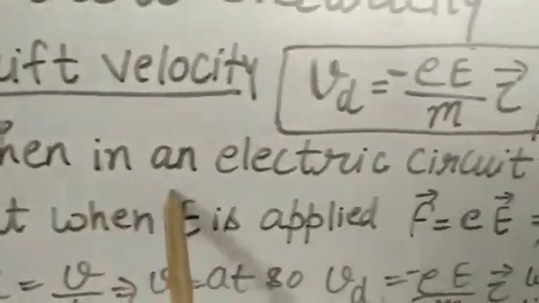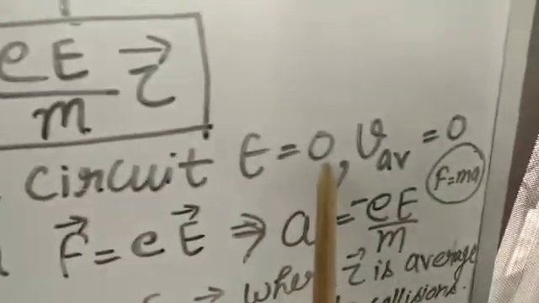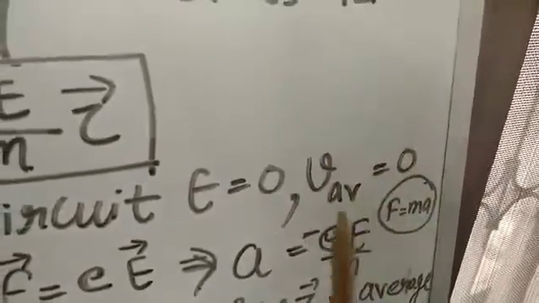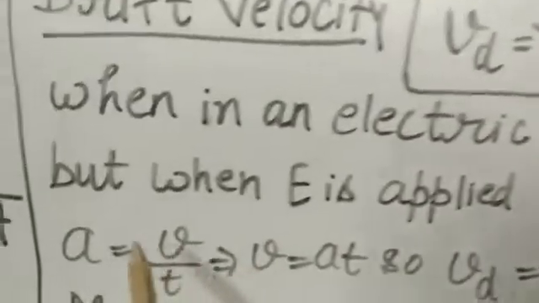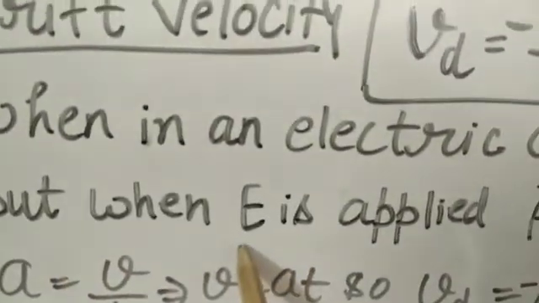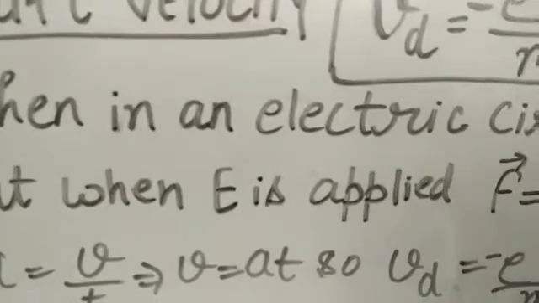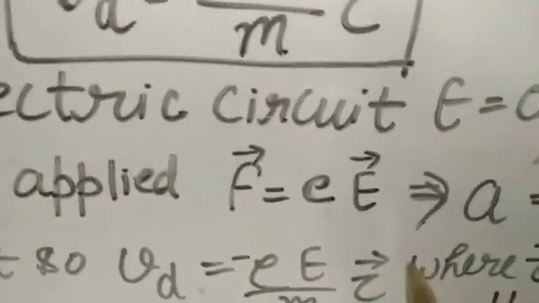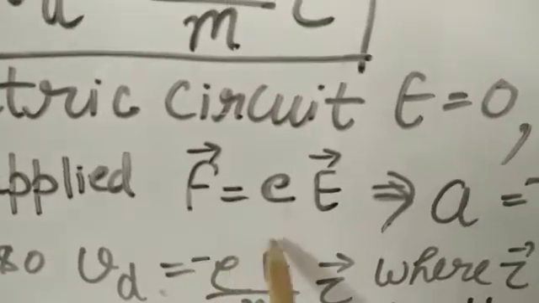So when E is equal to 0, the average velocity is 0, because all the electrons are moving randomly.